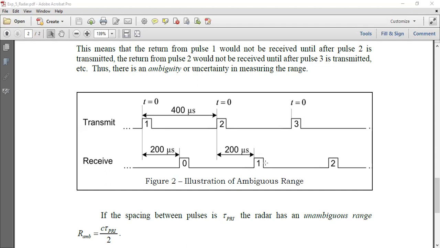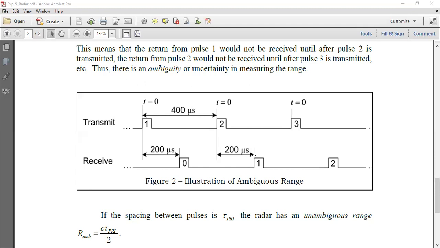But your radar will assume that it is a reflection from this second pulse. All pulses look alike, so it will use this 200 microseconds to calculate the distance. In fact, it is from this pulse, so you should have calculated using 600 microseconds. But you don't do that because it all looks the same.